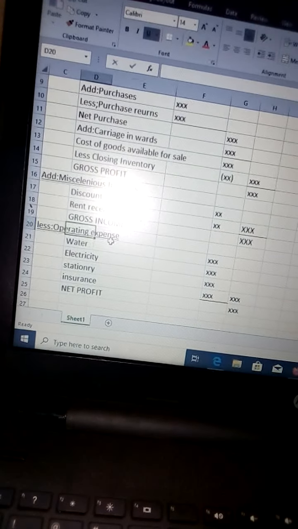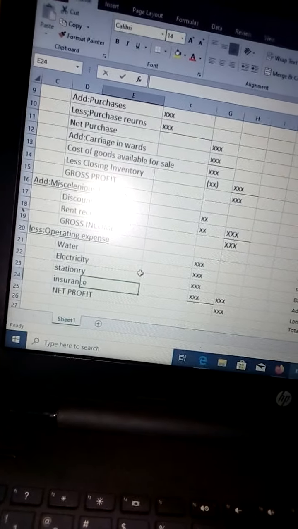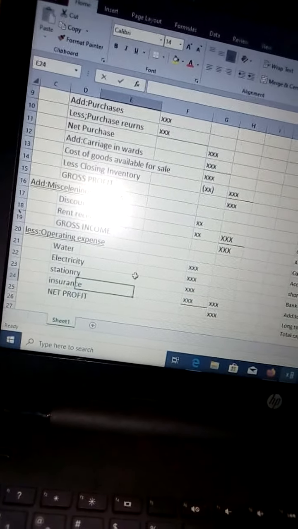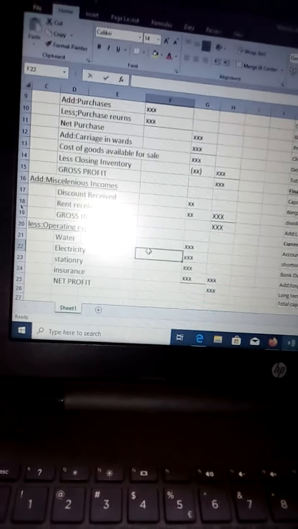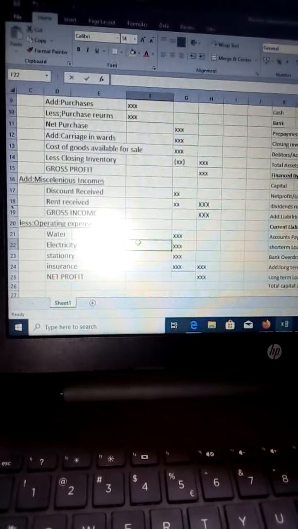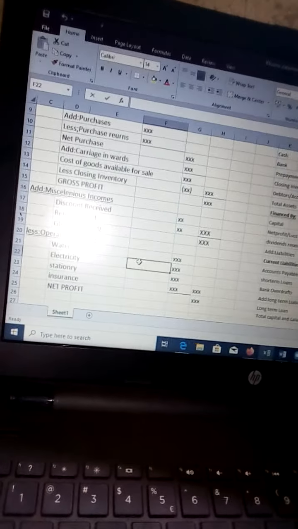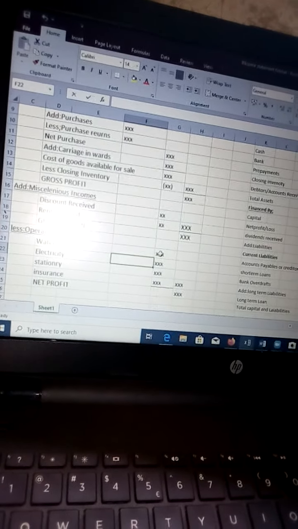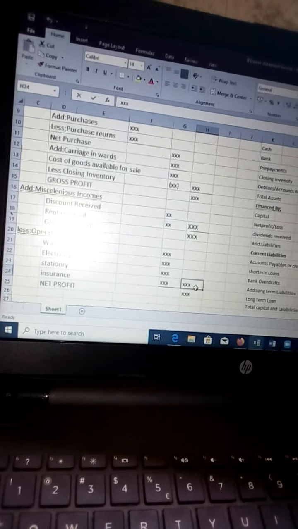They can be water, electricity, stationery, insurance, staff salaries. They can include ink. Okay, ink is in stationery. They can include house rent, etc. So when you sum up all the operating expenses, you get the total operating expenses.